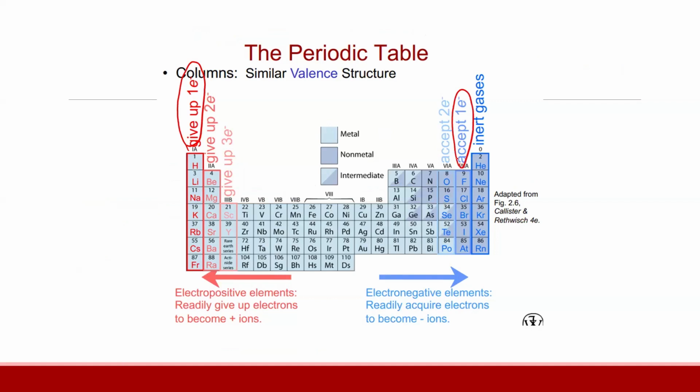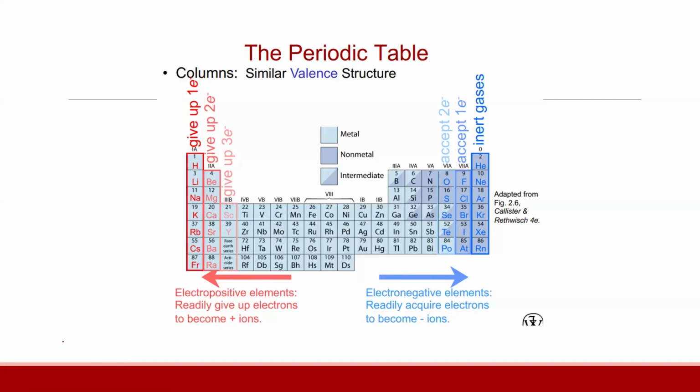So we call this side electropositive elements, which readily give up electrons to become a positive ion, a cation. These ones towards the right would like to attract an electron, becoming a negatively charged ion, and get stable.